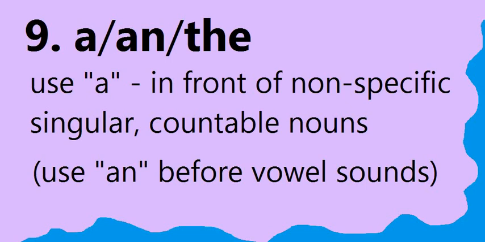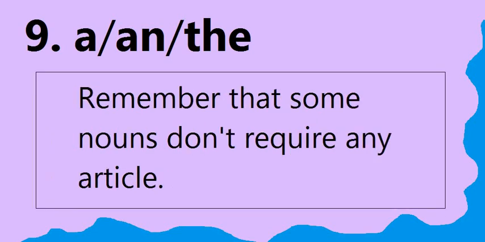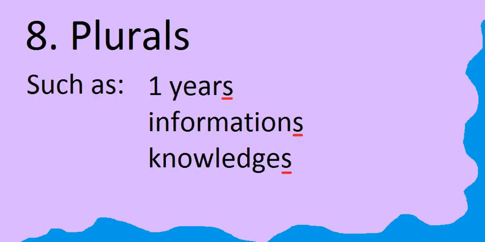It's the sound that's important. We use the before any noun which is specific or unique. Remember that some nouns don't require any article at all. So sometimes there's no a, there's no an, there's no the. Knowing when to use the right one, there's no easy way to know it. It's something you just have to get used to.